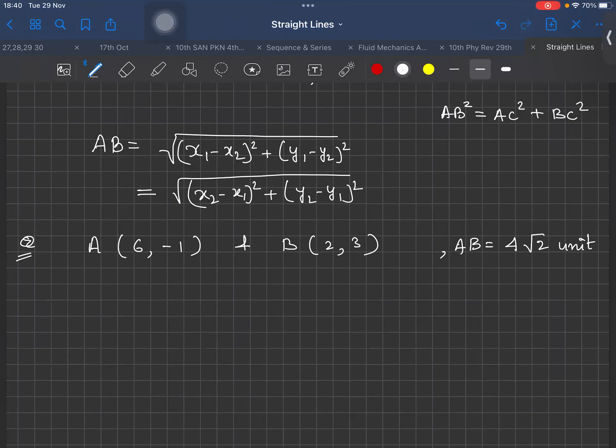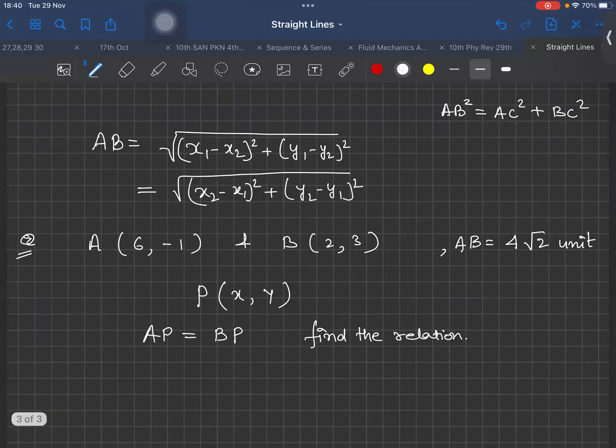Now I'll extend the problem. Suppose there is a point P (x, y). Now you need to find a relation for this point such that AP is equal to BP. So find the relation. How will you do that?